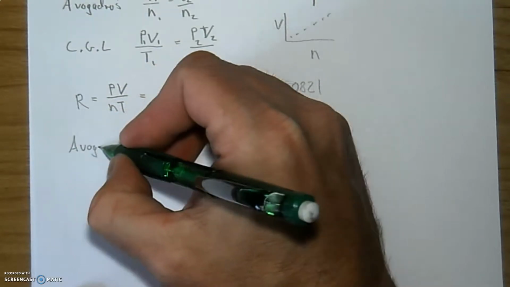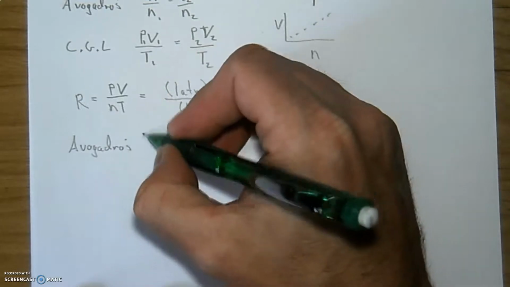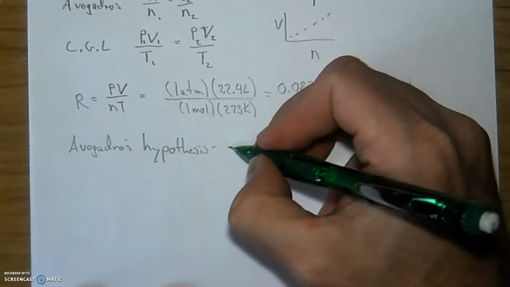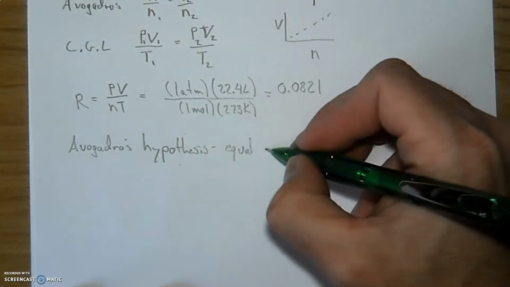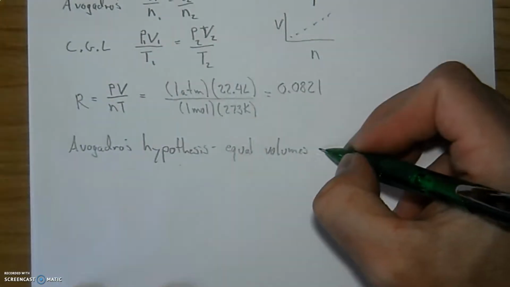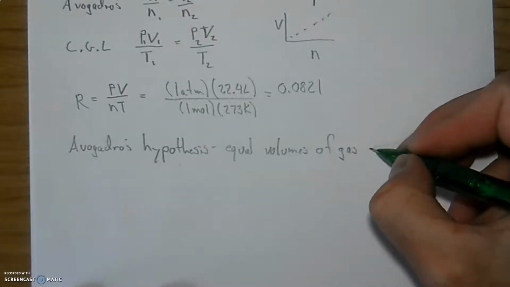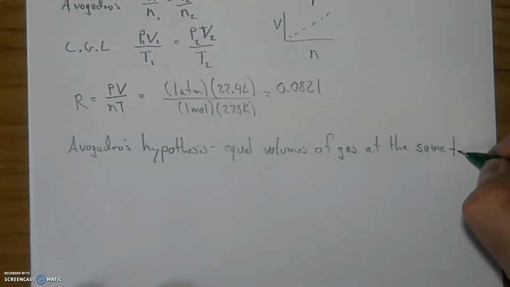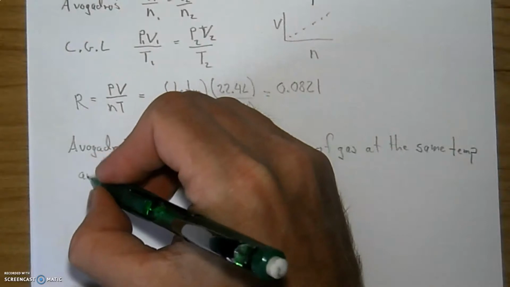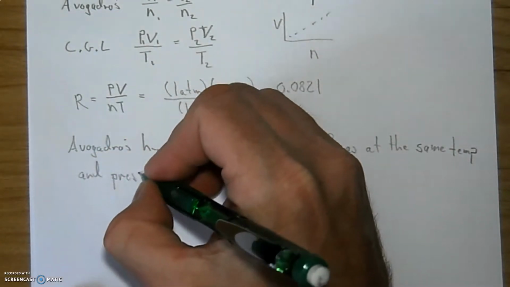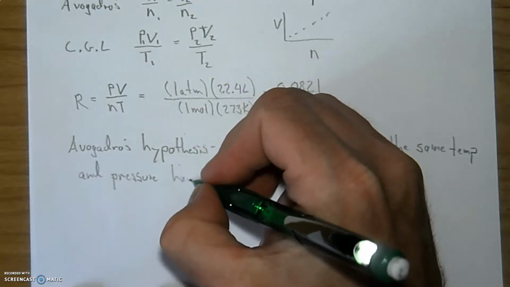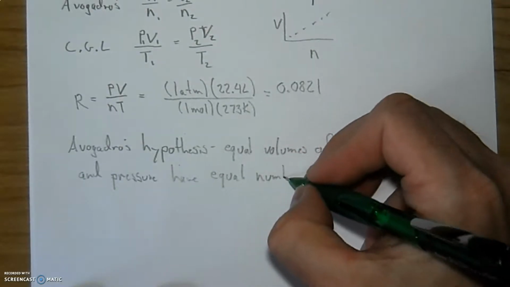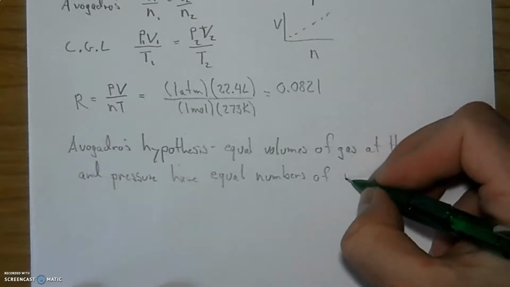So Avogadro's hypothesis states equal volumes of gas at the same temp and pressure have equal numbers of molecules.